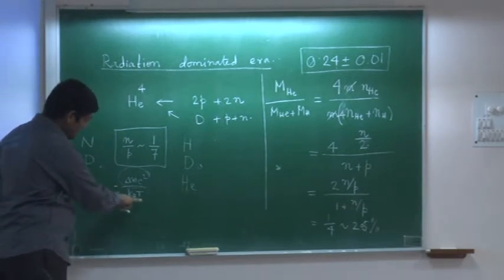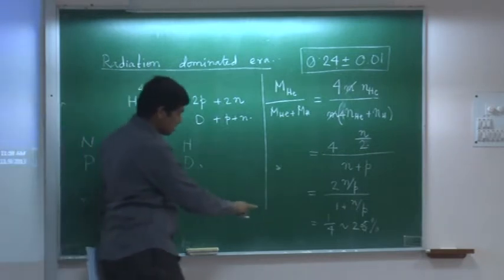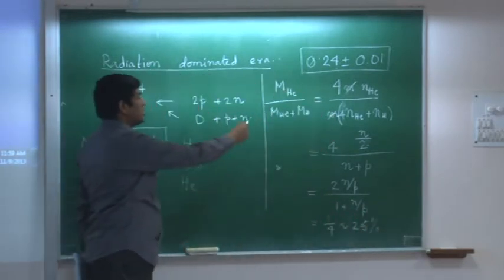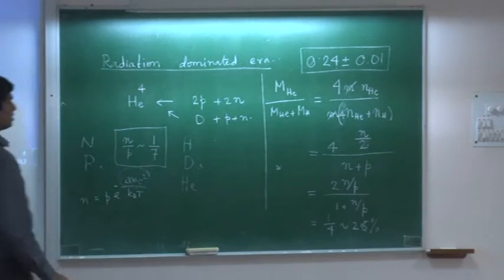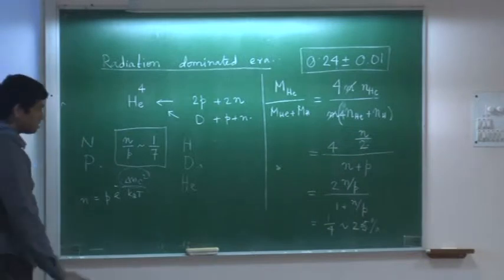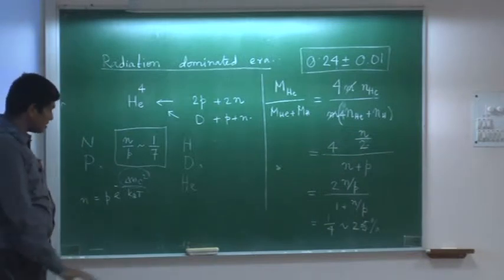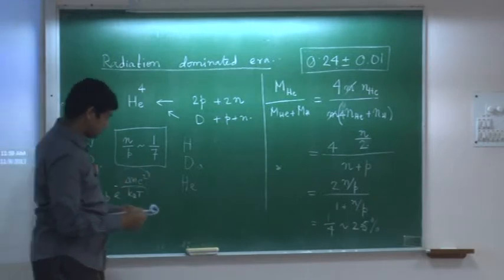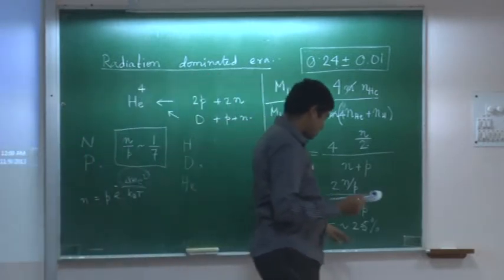Which basically means that this 25%, the helium abundance, is something very sacrosanct. So you should see 25%, whatever the baryon to proton ratio, whatever everything else, if you know the mass difference between neutron and proton, which is of course known very accurately.